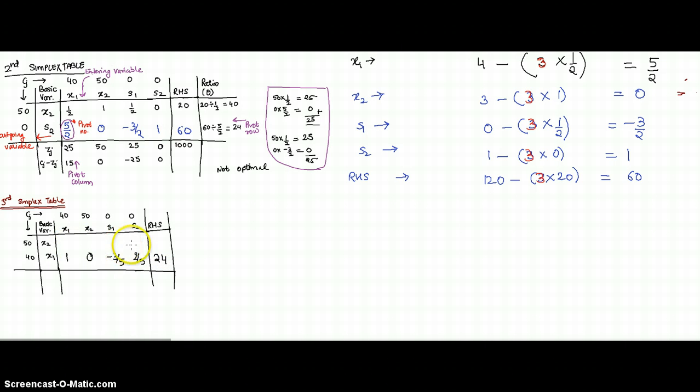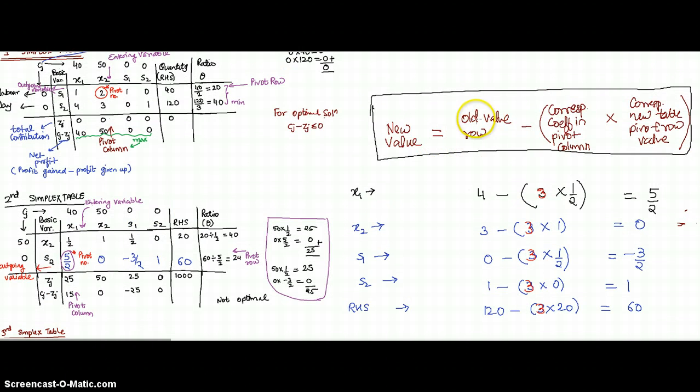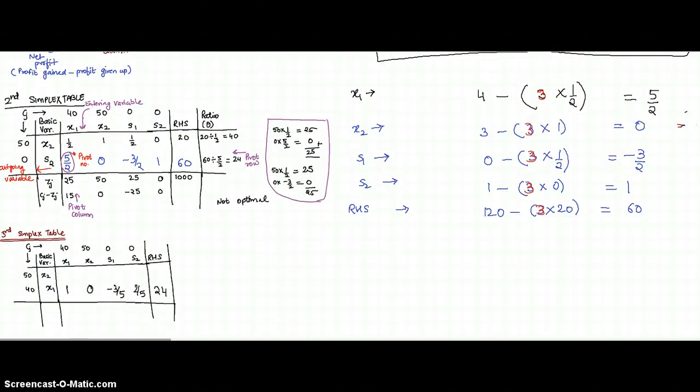Now we have to calculate the elements in this row. To calculate this, if you remember, in the second table we used this rule: new value equals old value row minus corresponding coefficient in pivot column times corresponding new table pivot row. So for this position, the old value is for x1.